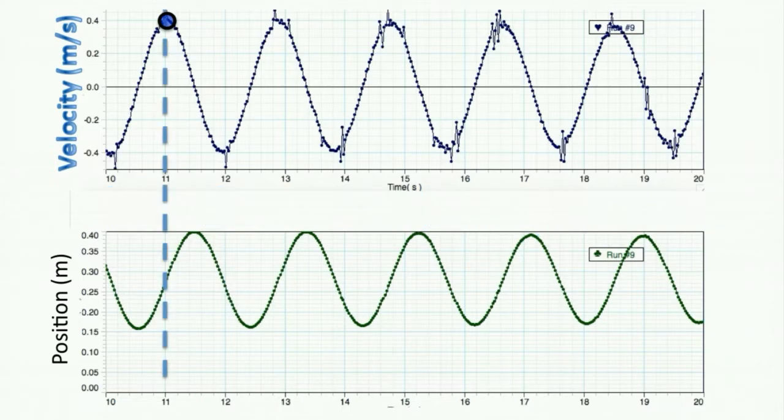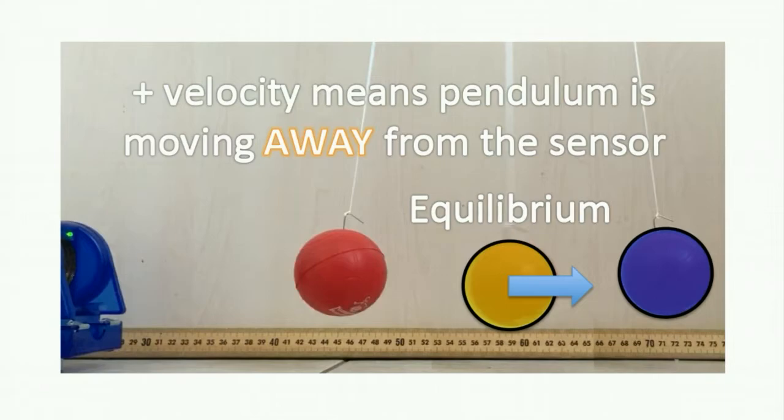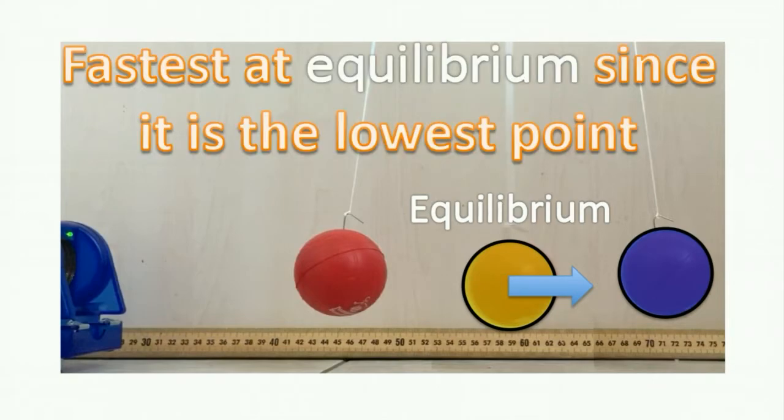When that positive velocity of 0.4 meters per second is achieved, it seems to be achieved at the equilibrium position. And so positive velocity means the pendulum is moving away from the sensor.